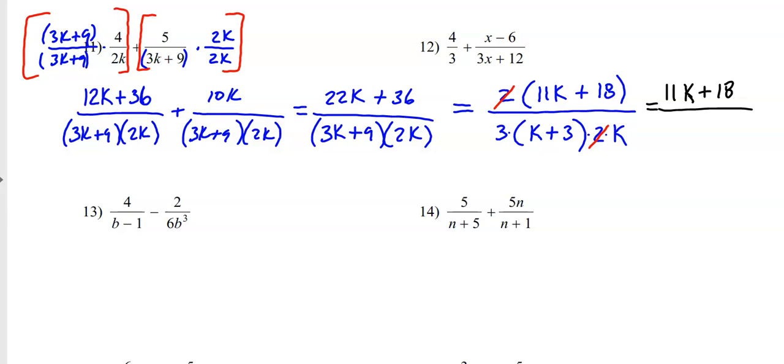On the bottom, it'll just be 3k times k plus 3. You could also multiply that out if you wanted. And you could write 11k plus 18 over 3k squared plus 9k. Either one of those, they're kind of the same thing, but I don't think there's any other way to break it down because that top is not factorable.